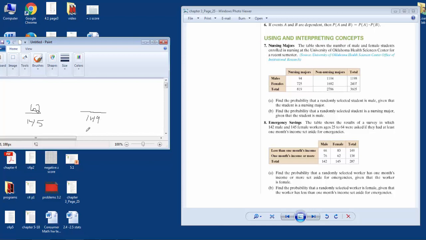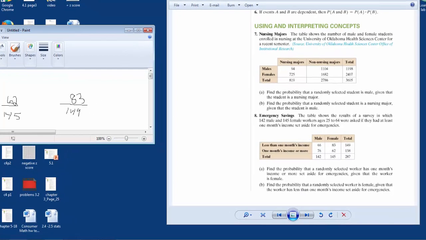Now we're going to read that again. Find the probability that a randomly selected worker is female. Of the 149, 83 are female. So 83 females of the 149 people total that we're looking at in that set.